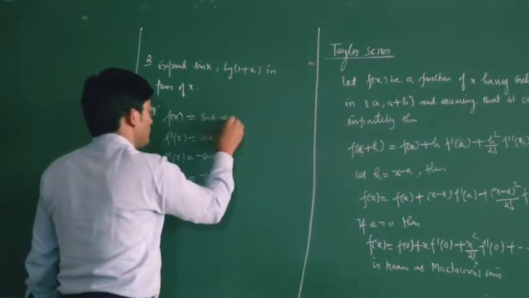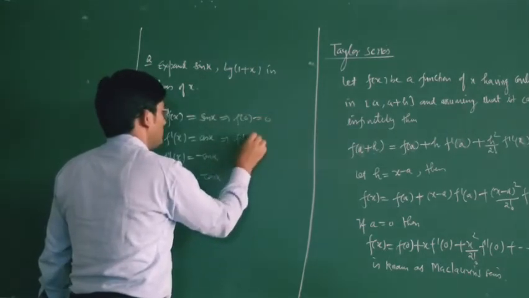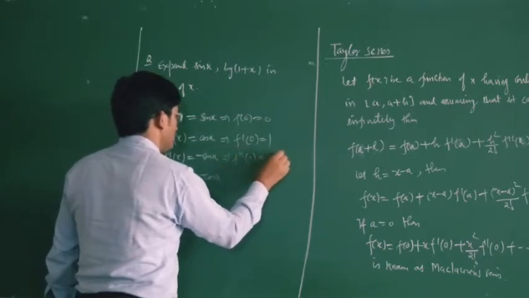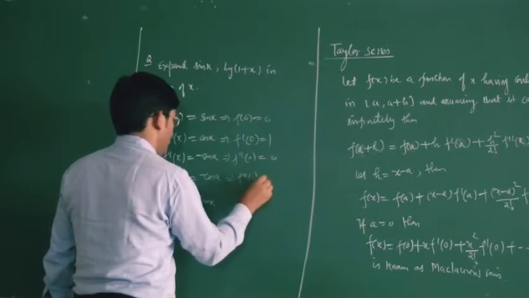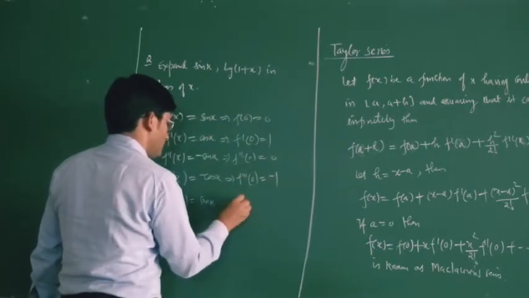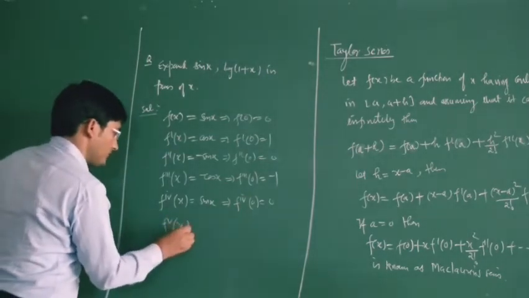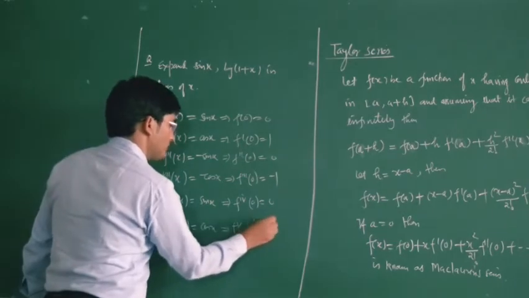Now from here f(0) will be sin 0, which is 0. F dash 0 will be cos 0, which is 1. F double dash 0 will be minus sin 0, which is 0. F triple dash 0 is minus 1. F4 at 0 is 0. And then the fifth derivative will be cos x, and the fifth derivative at 0 will be 1.